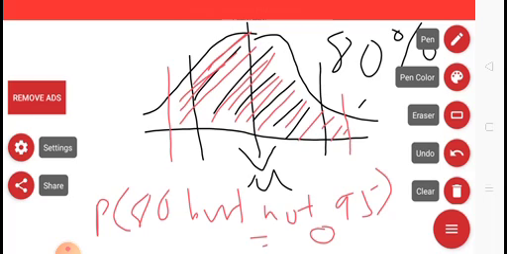So the probability that the 80% confidence interval contains the mean but the 95% confidence interval does not will be 0. So part 4 will be 0. Impossible, right?